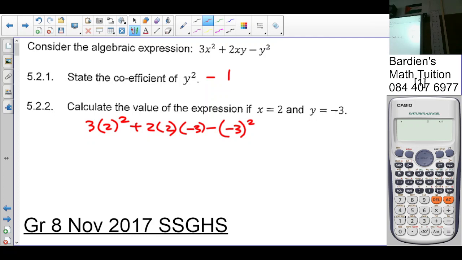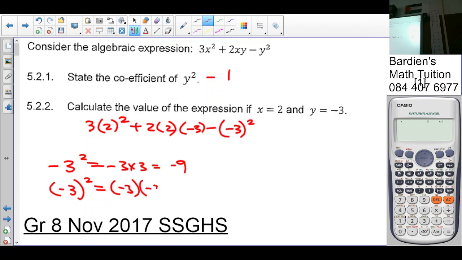If I leave the bracket out and put the 3 there, the square is only on the 3. That means negative 3 squared is negative 3 times 3, which is negative 9. Whilst (negative 3) squared is negative 3 times negative 3, which is positive 9. So there's a difference. Okay? So watch out for that.